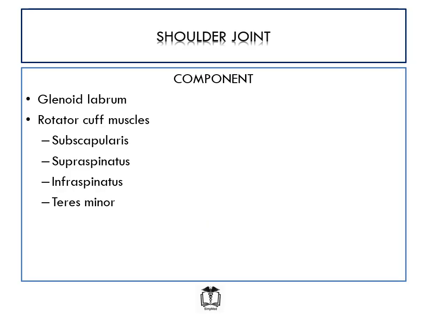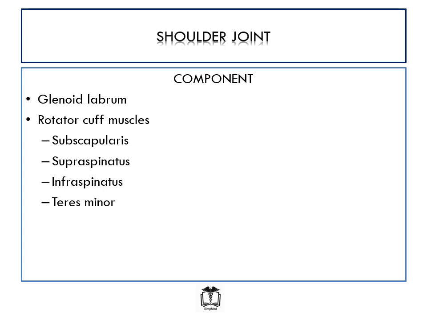Other important components of the shoulder joint that are unique to the joint include the glenoid labrum and the rotator cuff muscles. I remember I said that the glenoid cavity is a shallow cavity, it's not so deep, so it doesn't allow the head of the humerus to fit into it perfectly. So one way in which the body deepens the glenoid cavity and allows the head of the humerus to fit in directly is through these two other components, the rotator cuff muscles and the glenoid labrum.